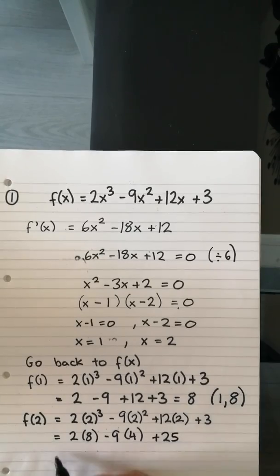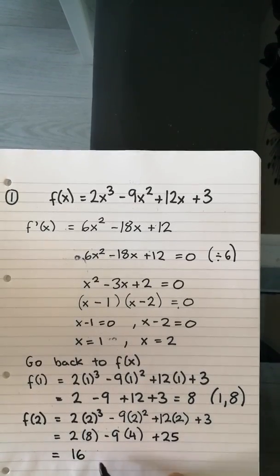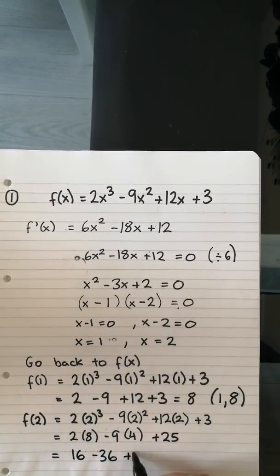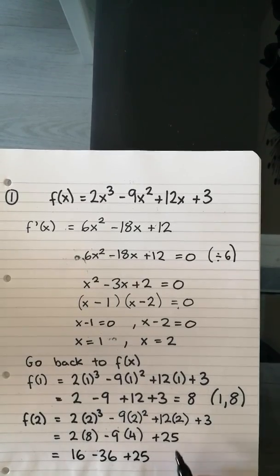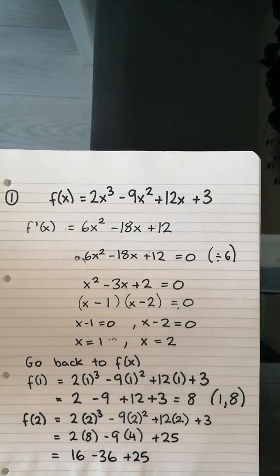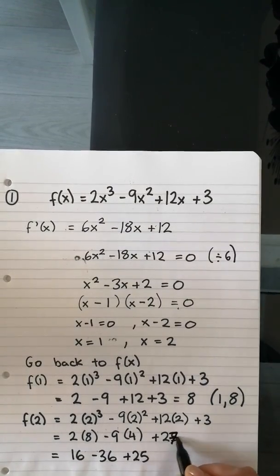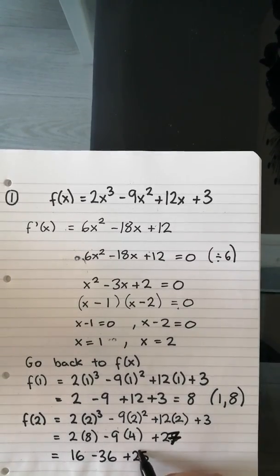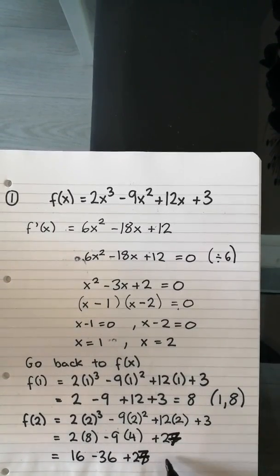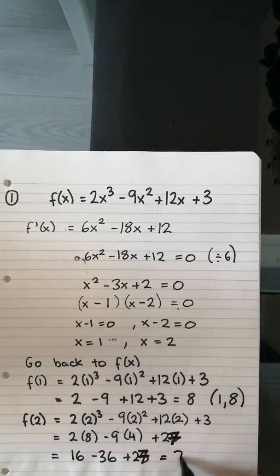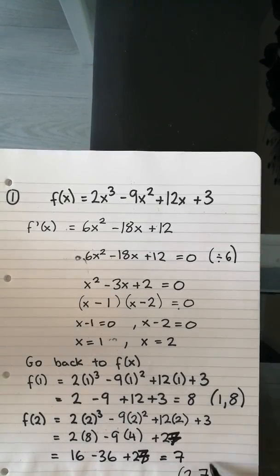Apologies, this is my mistake: 12 times 2 is 24, plus 3 is 27. That should be 27. So we get 16 minus 36 plus 27, and when we add them together, we get back 7. So the other point that we have is 2, 7.